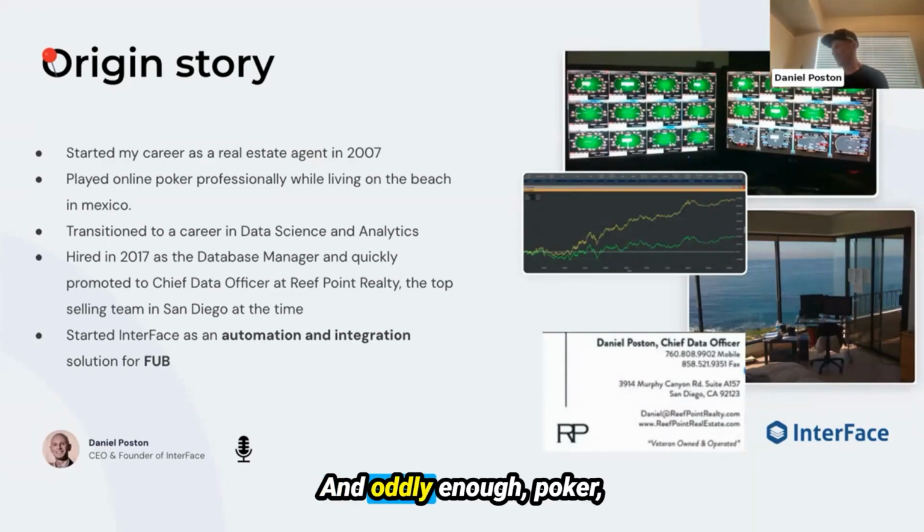And oddly enough, online poker requires a very similar skill set to data science and analytics. As you can see on the right, I played about 24 tables at a time. That would be about 500 to 600 hands per hour. In order to play that many hands per hour, you have to automate a lot of the playing process, and you need to consume the data of your opponents to analyze them statistically to make decisions on what's the best move.